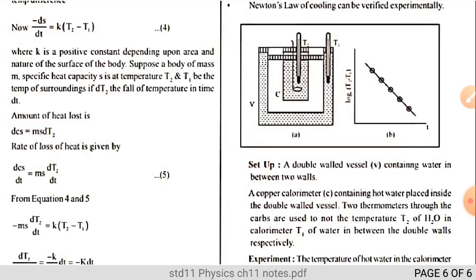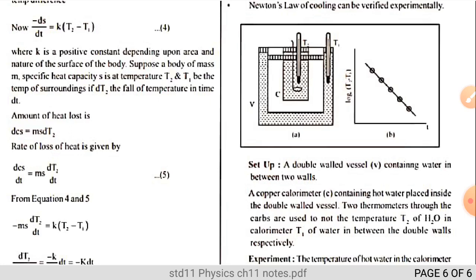The temperature decreases from 100 to 80 degrees, so the temperature difference is only 20 degrees Celsius, and if you measure the time for this reduction, for example it is 30 seconds from 100 to 80 degrees Celsius. But from 80 to 60 degrees Celsius, again a 20 degree reduction, but for that decrement the time is now 40 seconds. Earlier we got 30 seconds, but now we get 40 seconds, right?